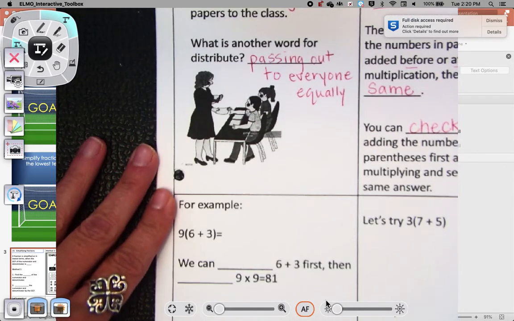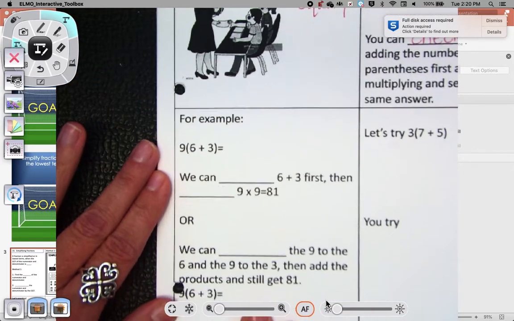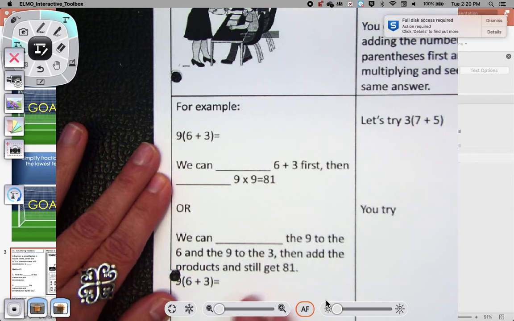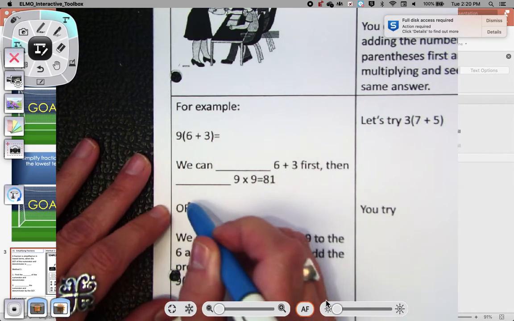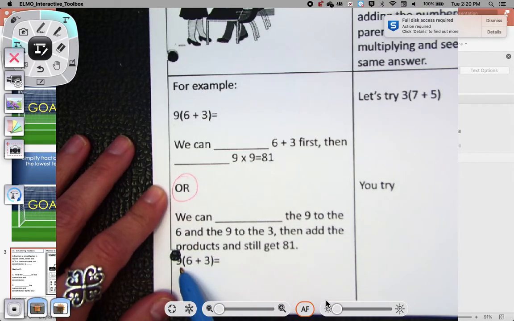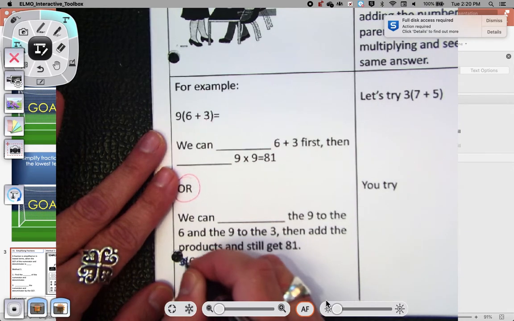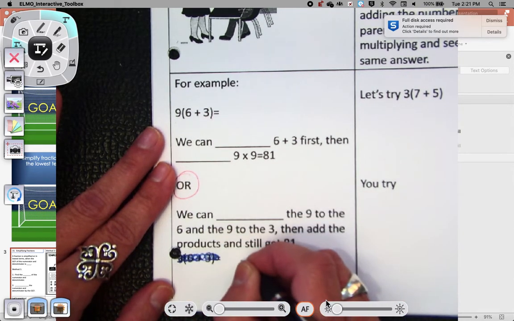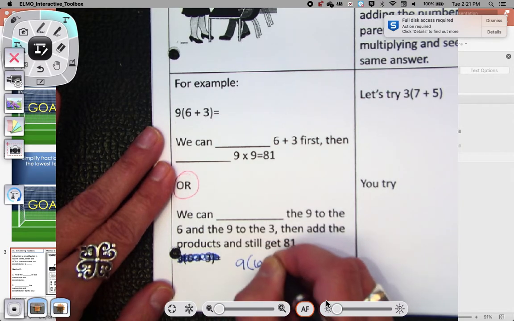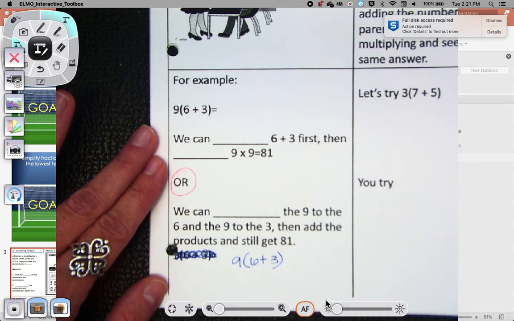So, here at the bottom, we have two examples. We have 9 times (6 plus 3). I'm sorry that the hole puncher clipped off the 9, so I'm just going to rewrite 9 times (6 plus 3), and you might want to do that as well.